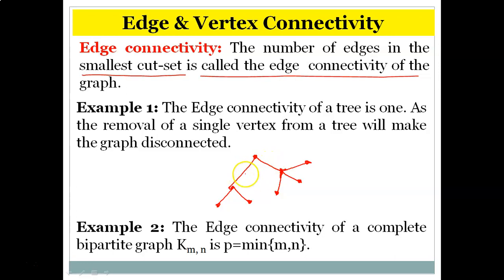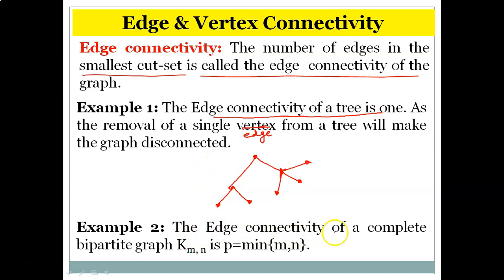If I am removing this edge, the graph is disconnected. If I am removing this edge, the graph is disconnected. So the removal of a single edge leaves the whole tree disconnected. Therefore you can say the edge connectivity of a tree is 1. In fact, the removal of a single edge, not the vertex, from a tree will make the graph disconnected.